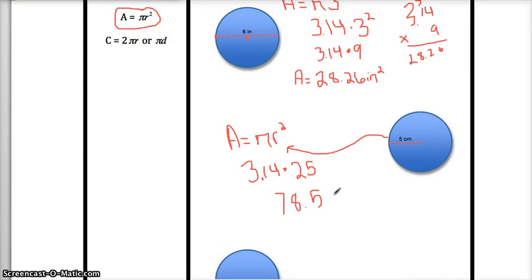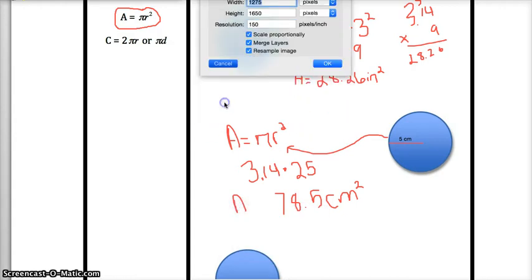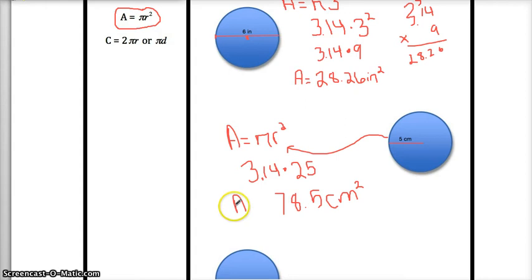Sorry. There we go, centimeters. And we're still in area, so it's centimeters squared. I'm sorry, guys. This is a lot more challenging without my normal keypad. Okay, area equals 78.5 centimeters squared.